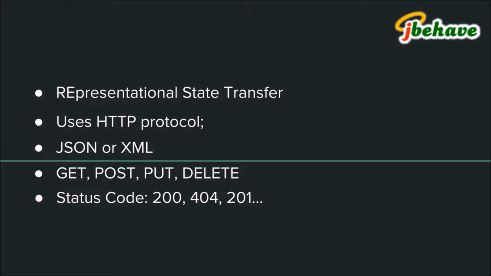Each and every response has a status code. For example, in this case, when we create something, the status code for created is 201. 200 means okay. 404 is the most known one, that it doesn't exist. For example, when we try to call a URL that, I don't know, we mistype something or something like that, it's a 404.